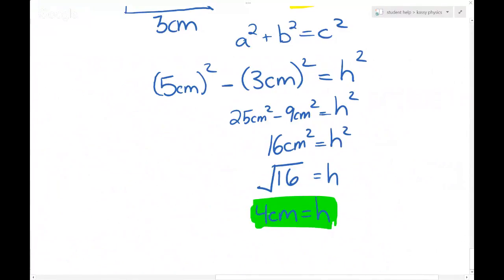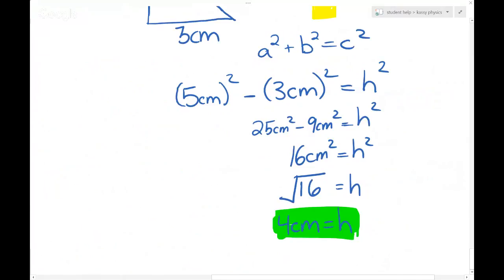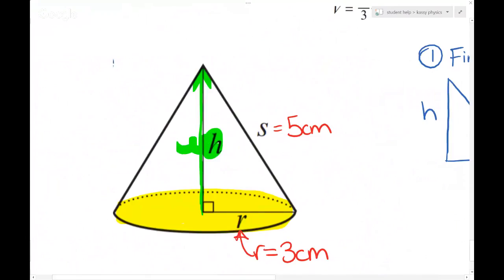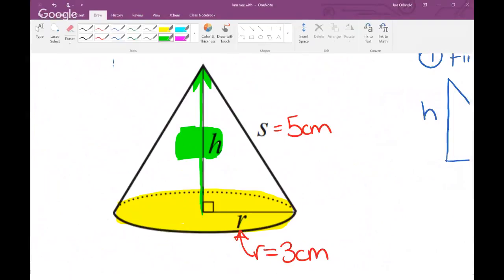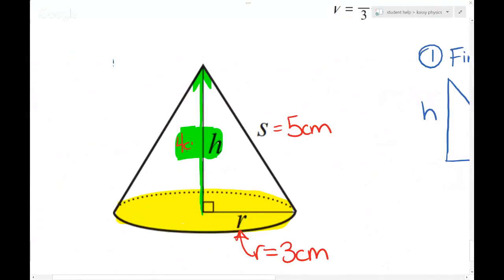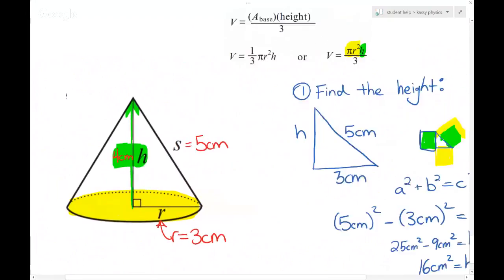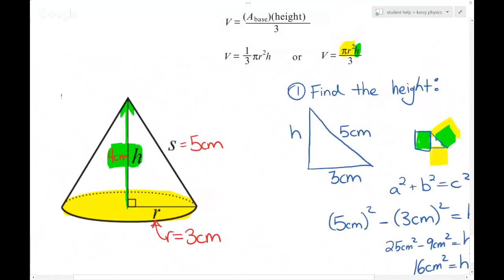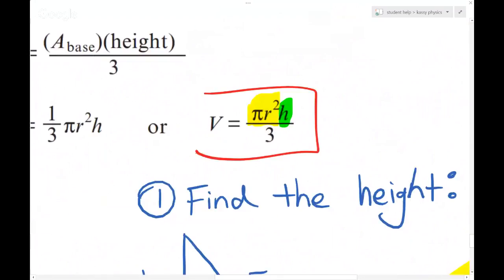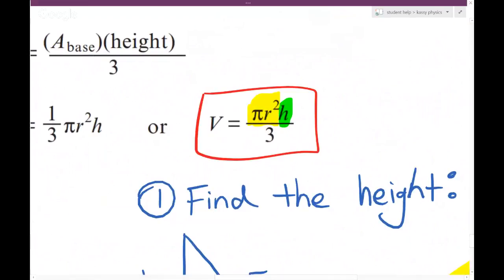We can go back to our original question now, back to this cone, and we can fill this height in now that we know it. It's 4 centimeters. Now this is practically simple. Now it's an equation you know. We're just going to use volume equals pi r squared h divided by 3.